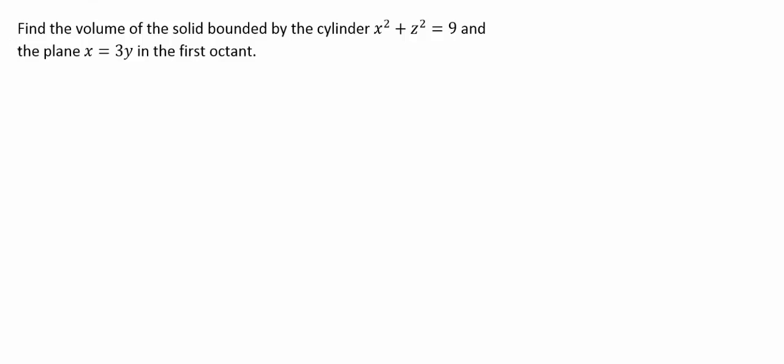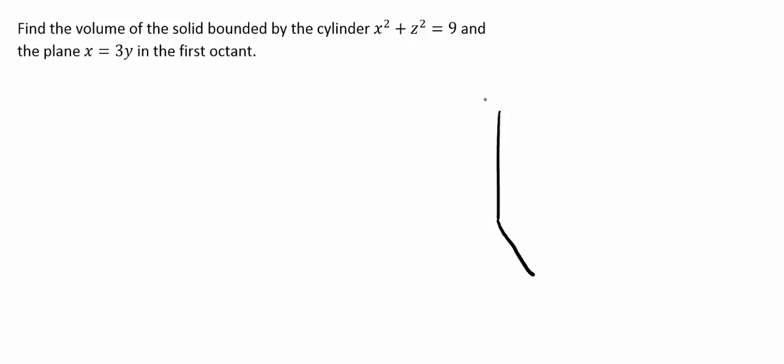Let's find the volume of the solid bounded by the cylinder x squared plus z squared equals 9 and the plane x equals 3y in the first octant. To get an idea what the solid looks like, we better first draw this cylinder.